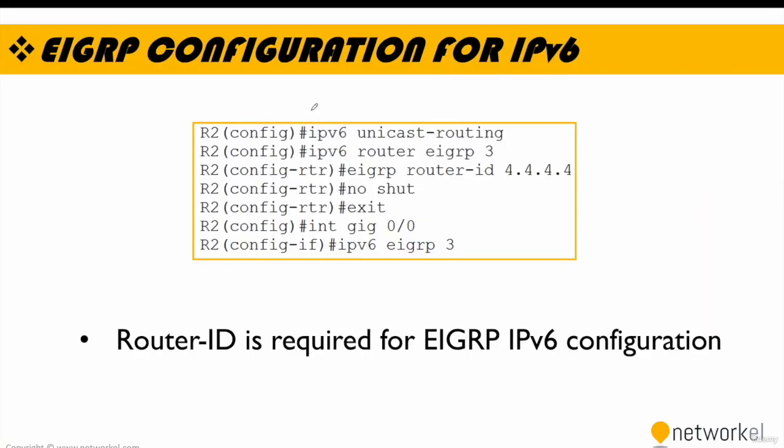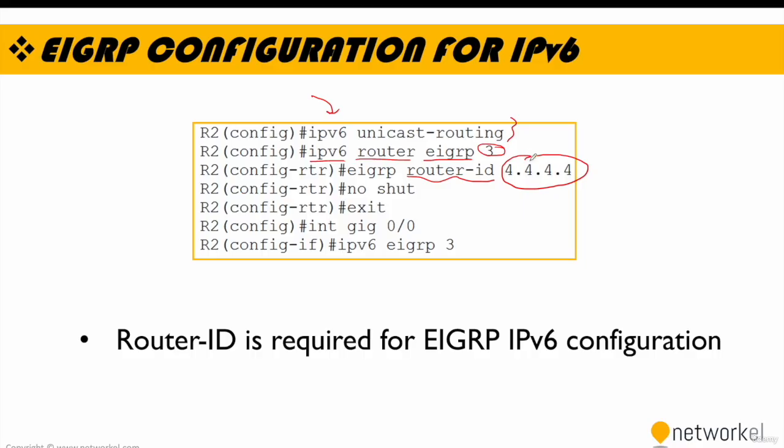Now let's have a look at the EIGRP IPv6 configuration. This is how it looks like. First of all, I type ipv6 unicast-routing and activate IPv6 routing. Then I type ipv6 router eigrp and the autonomous system number. Here, guys, there is something different: a router ID is required for the EIGRP version 6 configuration.